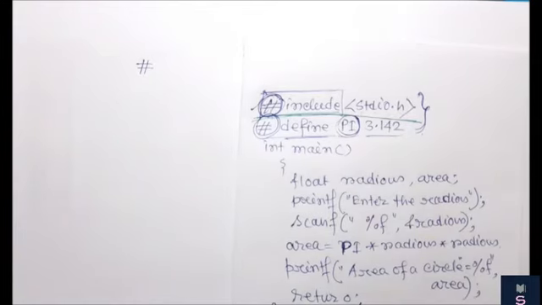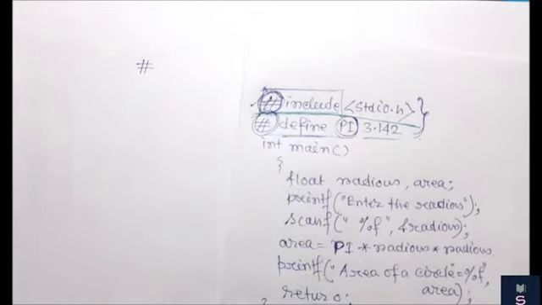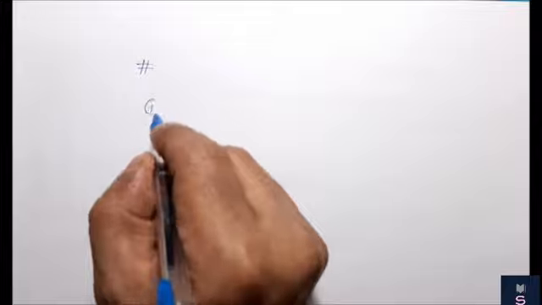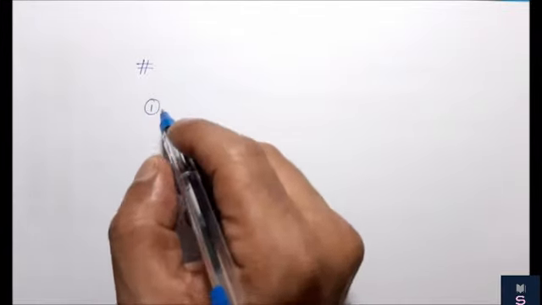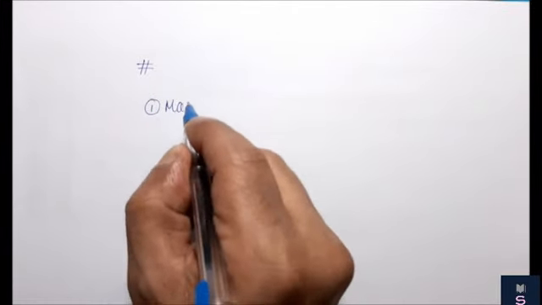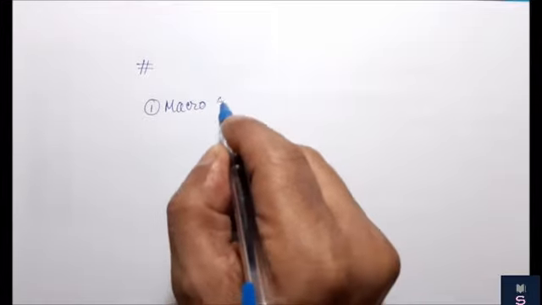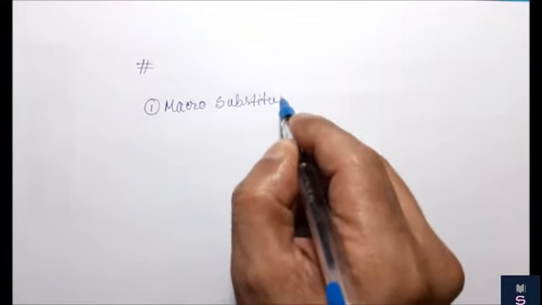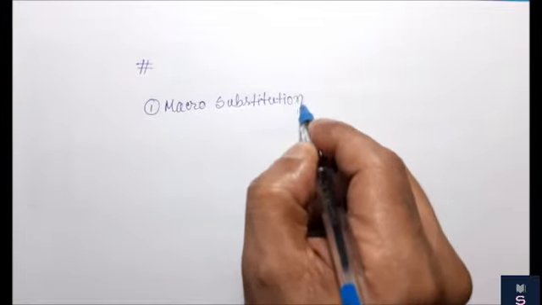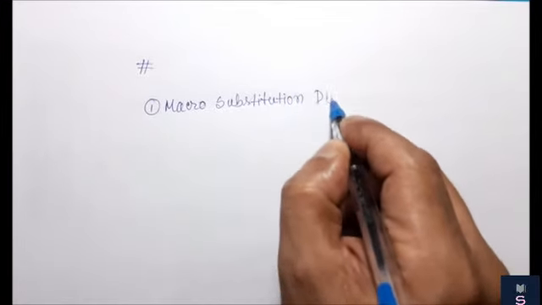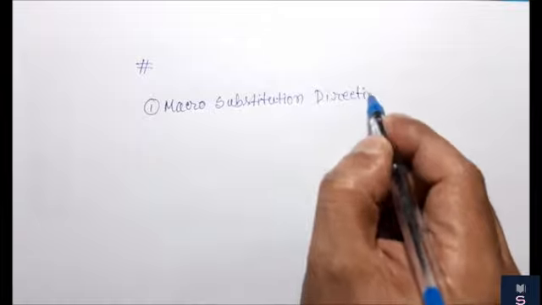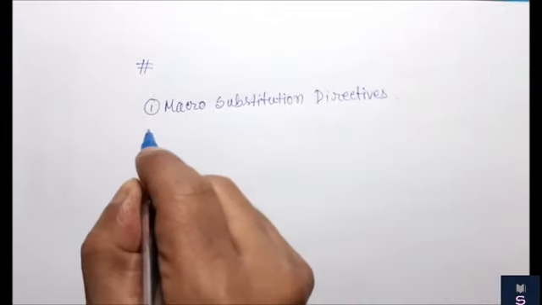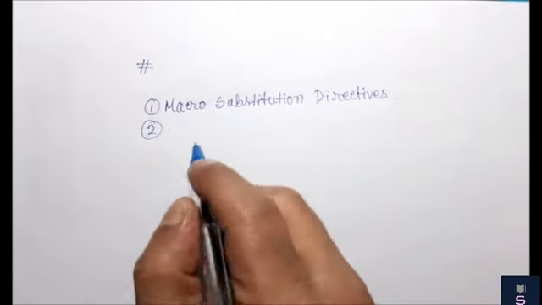So what different types of preprocessor directives are available? Mainly there are three types. The first one is the macro substitution directive. The second one is file inclusion.